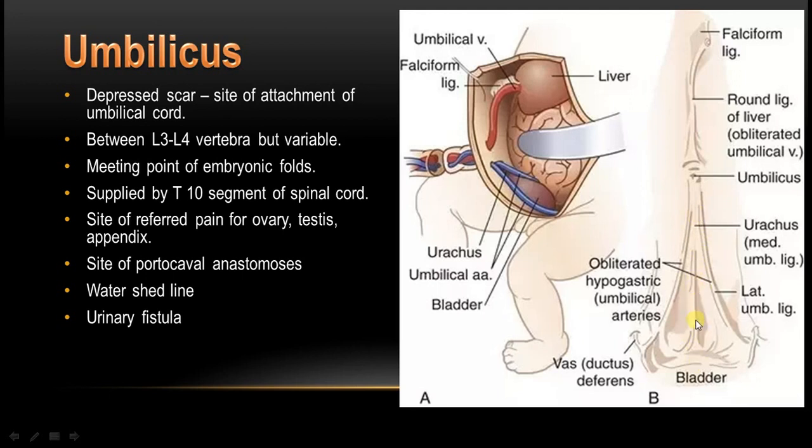If the urachus is patent, which means it is not obliterated, then it might produce fistulas, a communication between your umbilicus and the urinary bladder. That is called a urinary fistula. Then as I told you, again it is a common site of herniation, the umbilical hernias.